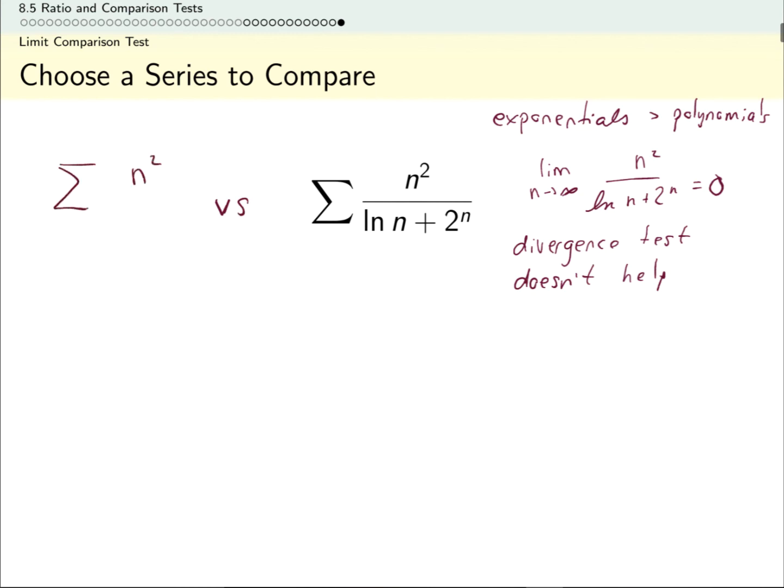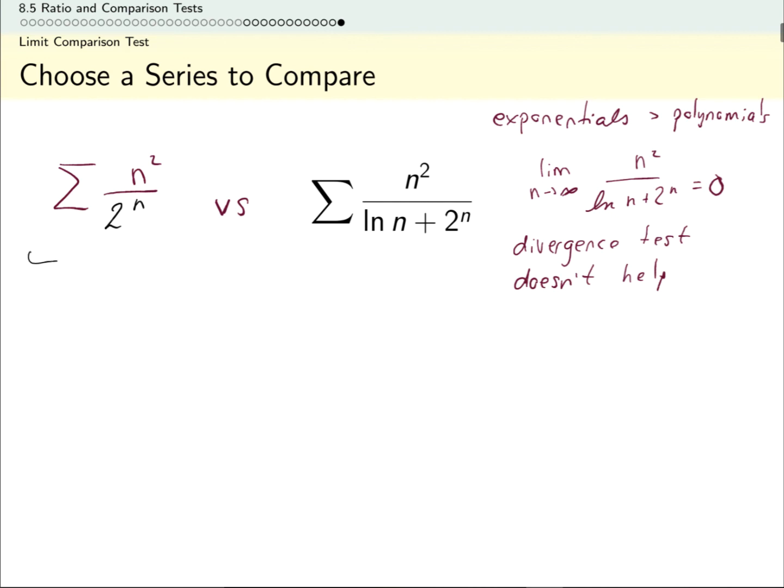The numerator only has one part to it, the denominator has two parts, and logarithms grow very slowly. They grow much more slowly than exponential functions, so I'm going to guess that a good comparison series would be what I get if I just ignore this smaller bit, this logarithm. So I've chosen a comparison series, but the comparison test is no good if I don't know what happens to my comparison series.